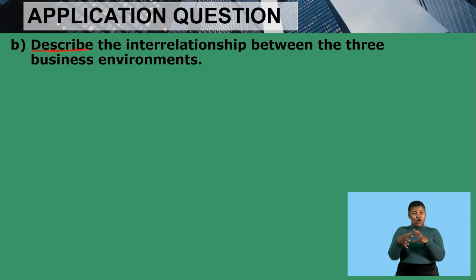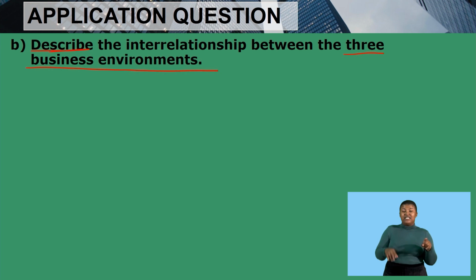But now the question continues, and in question B it asks: describe the interrelationships between the 3 business environments, of course being the micro, market, and macro environment. Now, if we want to describe the relationship between these 3 environments, it is always best to use an example.